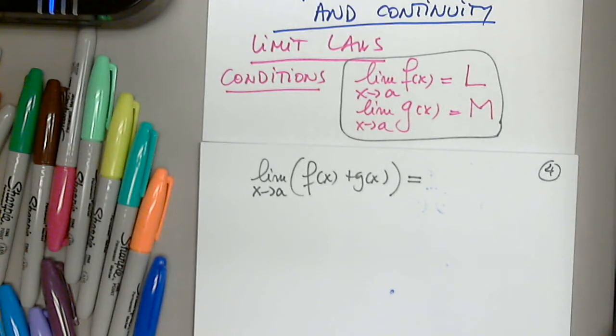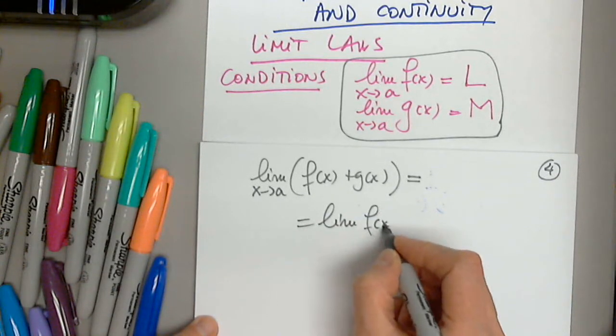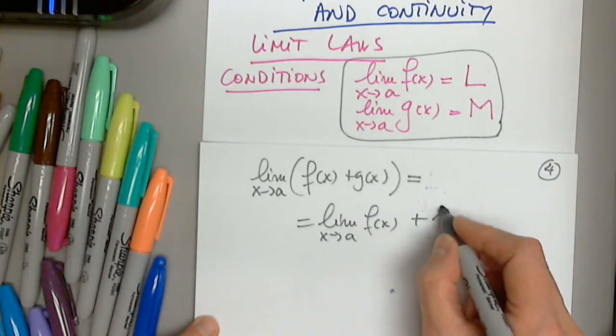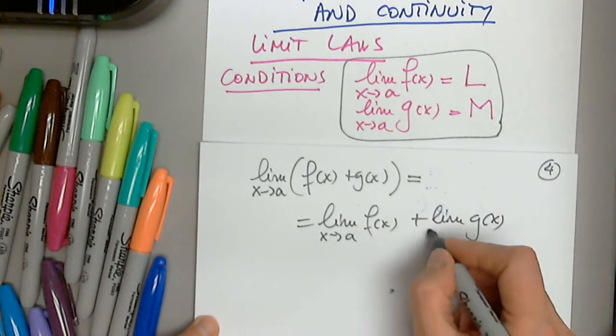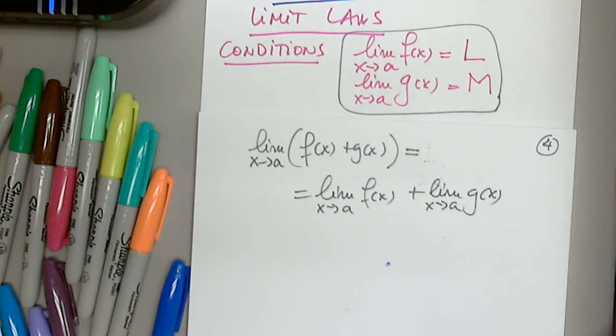The limit of a sum will equal the sum of the limits. Exactly, common sense. So this is the limit of f of x as x approaches a plus the limit of g of x as x approaches a, as long as this is a number and this is a number.